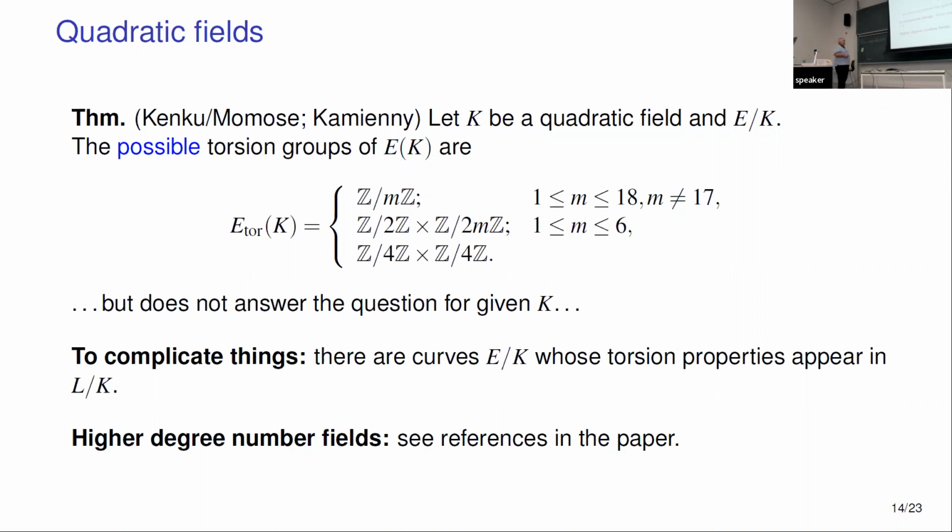It doesn't answer the precise question: given K, what are the possible torsion groups? Over number fields, this is the same question. And there are Galois properties and other properties, which means that the situation becomes kind of a zoo, not completely done, and there are many papers still being written.